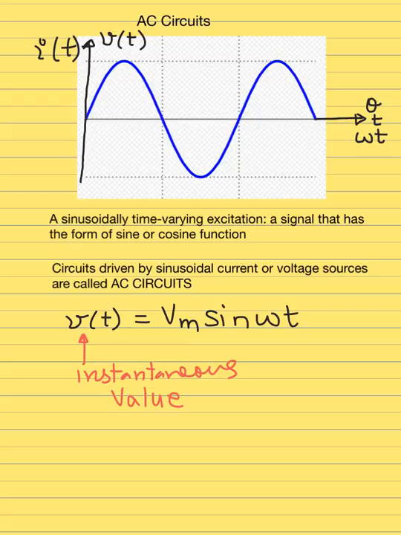You might see some textbooks or authors using a cosine form as well, but there is no difference unless you're talking about the starting point. In this expression, again, we know the instantaneous value, and this value in here is the amplitude of the function.